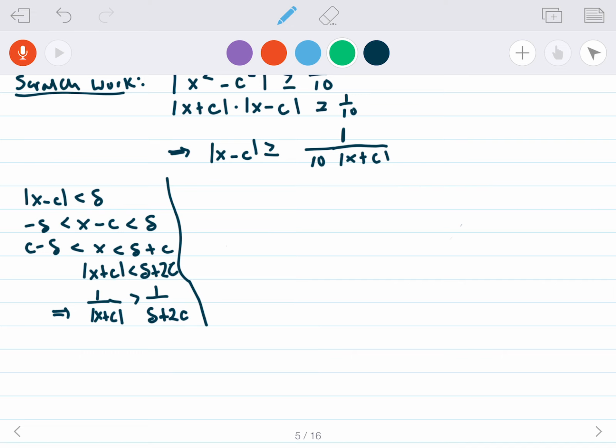So I don't have to worry about all of that commotion. So I have this, and I'm going to just sub it in right here for this absolute x plus c. So this is going to be greater than 1 over 10 times delta plus 2c, okay?